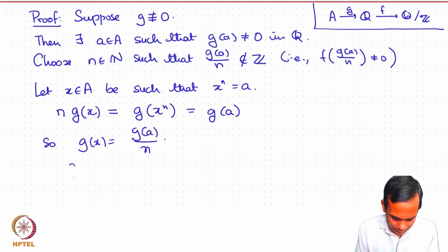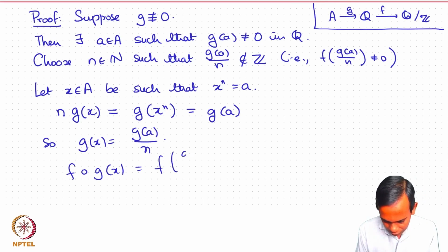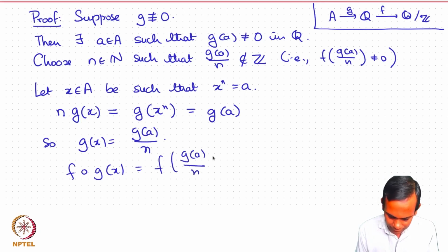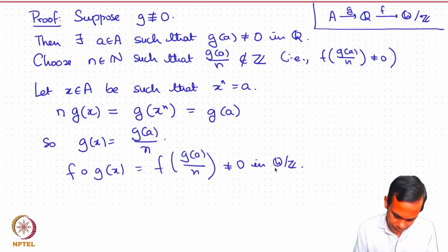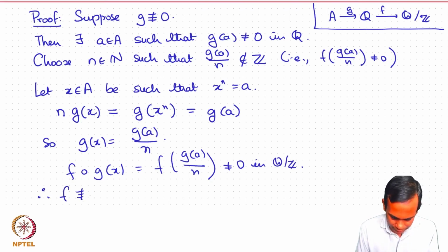So what that means is that f circle g of x is f of g of A divided by n, but f of g of A divided by n is not 0 in Q mod Z. And therefore f is not identically 0, because we found a point on which f is not 0.